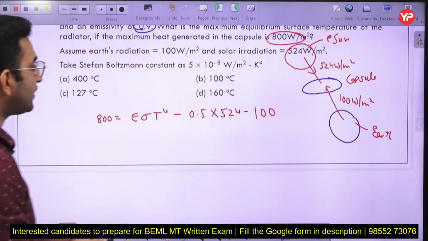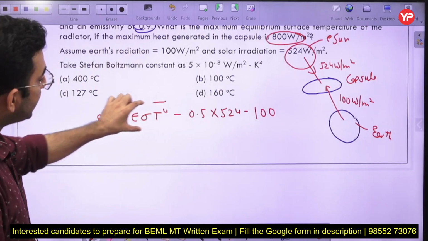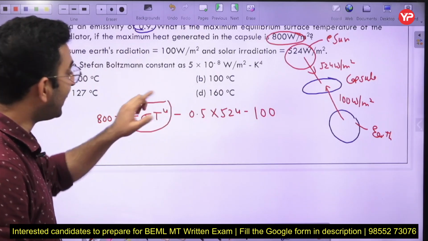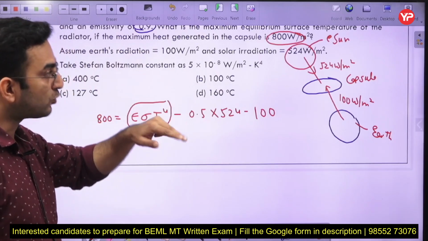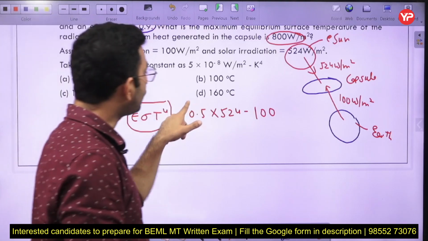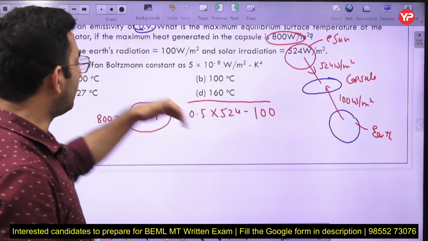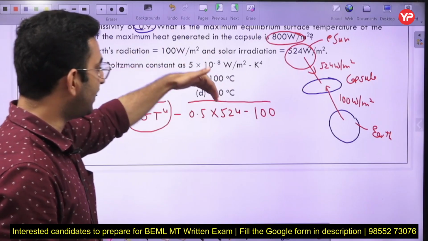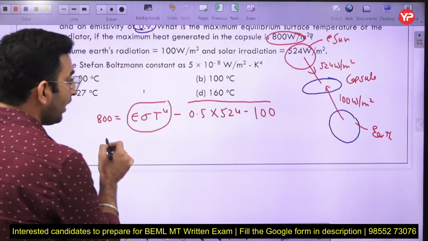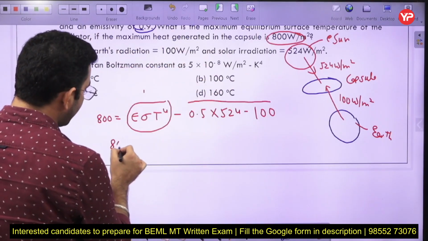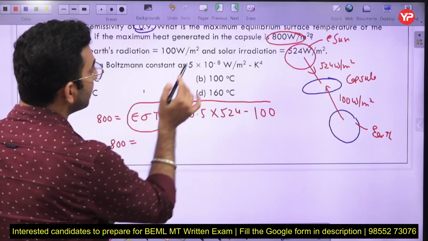Why am I writing this equation here? Because the first term is representing the energy emitted from the capsule to the outer space. These two terms are representing the energy which is being incident on the capsule here. So this is the energy out, this is the energy in.